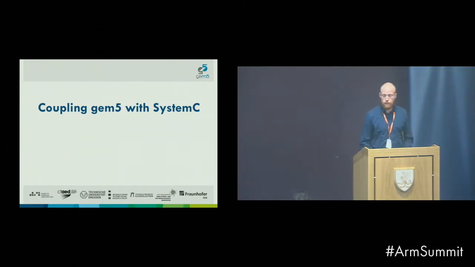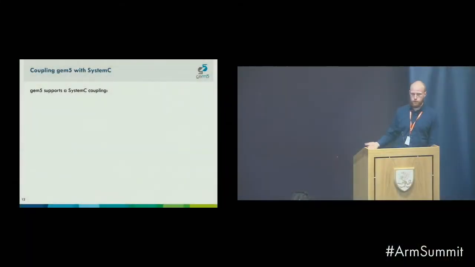Yeah, so I'm going to show you how we can actually couple Gem5 with SystemC and then build a co-simulation environment. So actually, Gem5 already supported the coupling to the SystemC kernel. And I'm just going to show you quickly how that works.